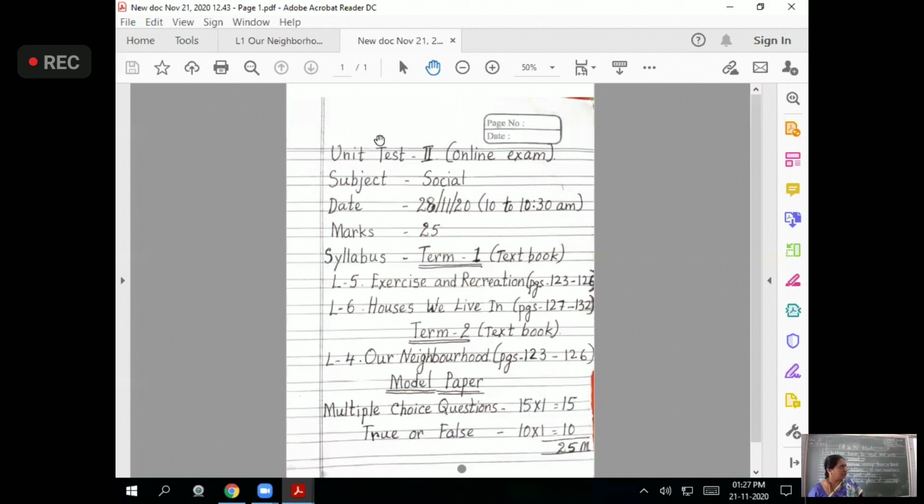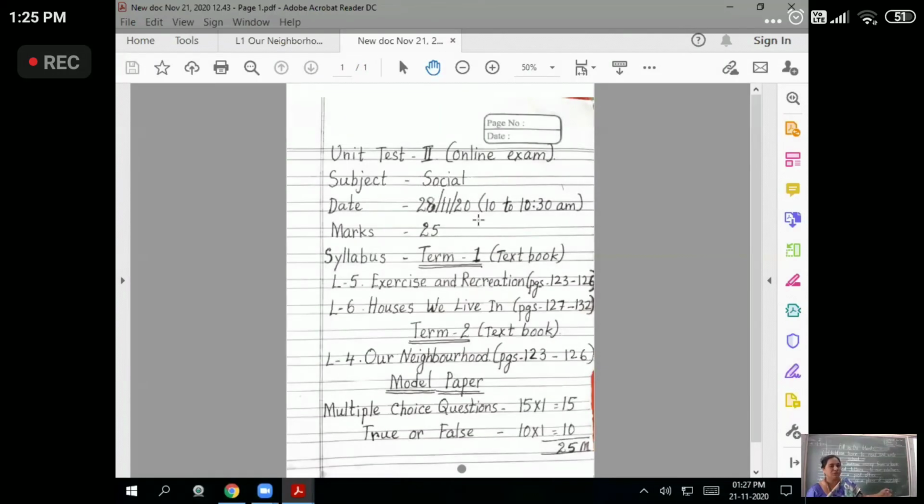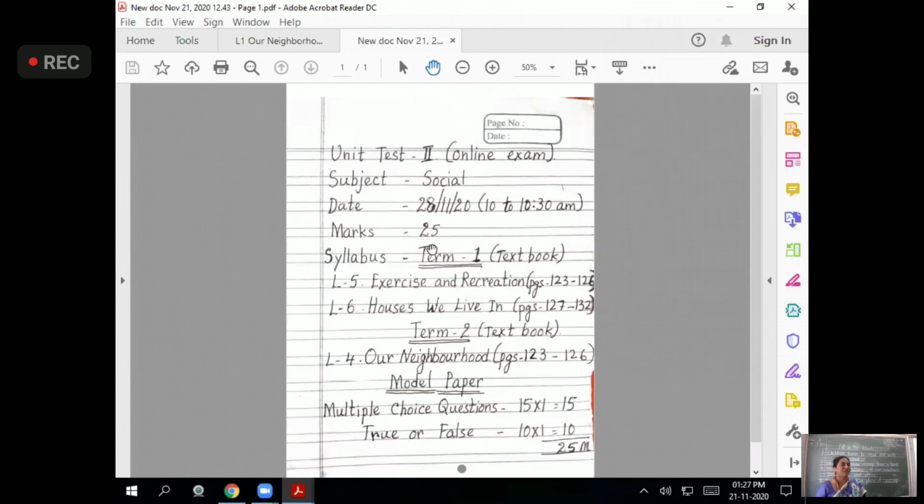About social, I have written here, unit test 2 online exam, subject social, only social I am giving. Already other subjects' teachers have given syllabus. So date, when do you have your social exam on? 28th November, from 10 to 10:30 a.m. Marks for 25.